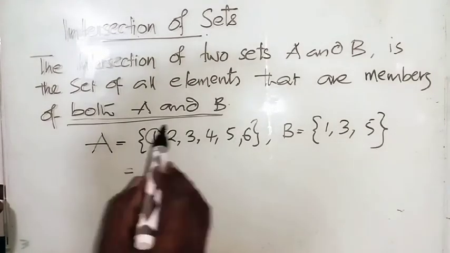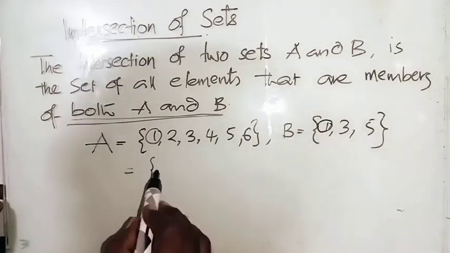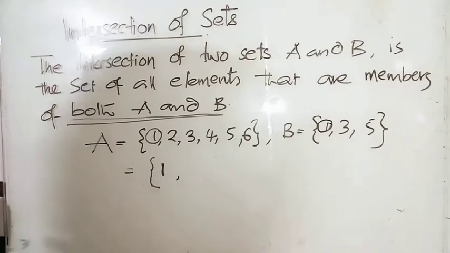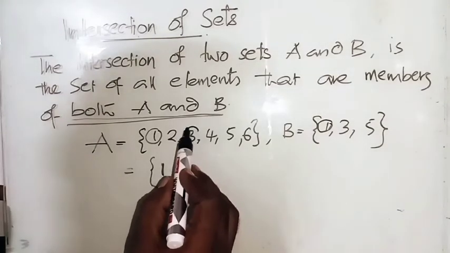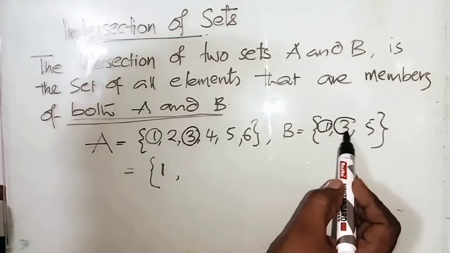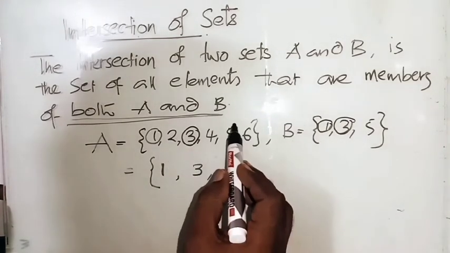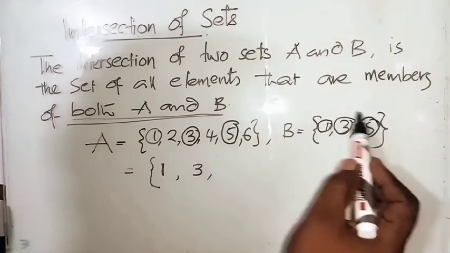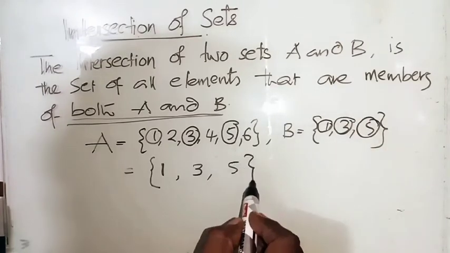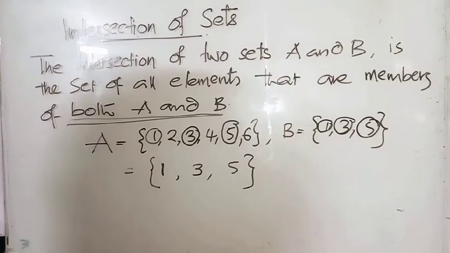Yes, 1 is a common element. 3 is there in both. 2 is not there here. Next, 5. Now frame a set with the common elements. There we get a new set. This set is A intersection B.